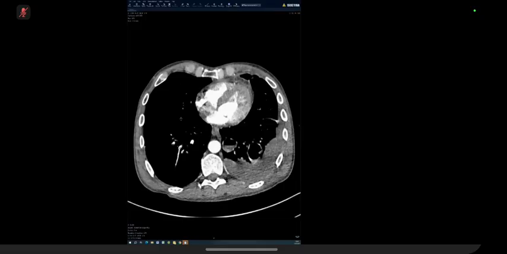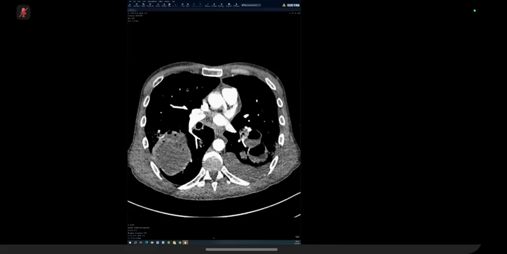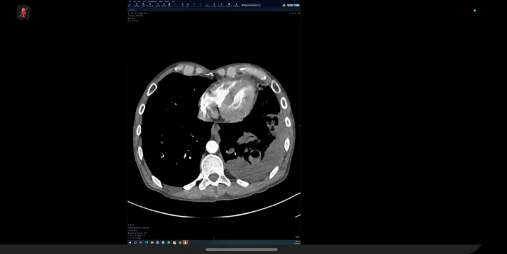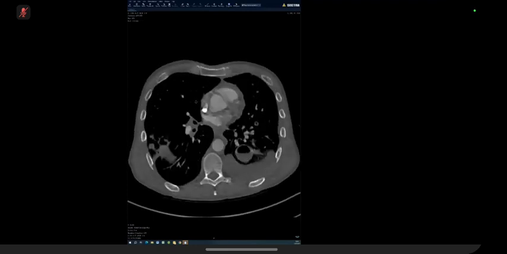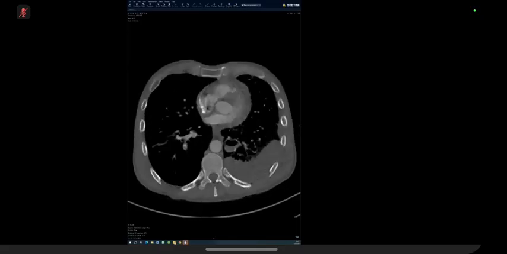Drug abuse. Yes. So if I say yes, he is a drug abuser, where else do you want to look? I just want to check the heart to see if there is any endocarditis or septic emboli within the heart. So would you see endocarditis on a non-gated CT?